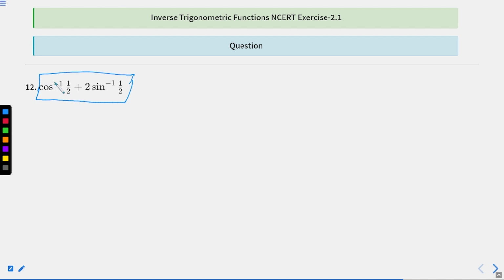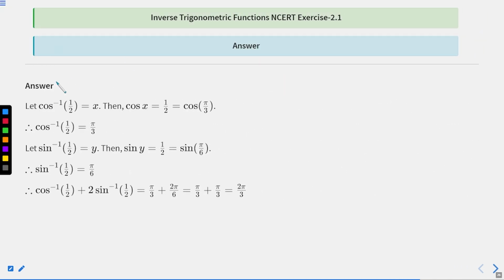What we will do, as in the previous question, we will do the same steps over here. We will first find the principal value for this and the principal value for this, and then add up the answer. Okay, so you will get the final answer.